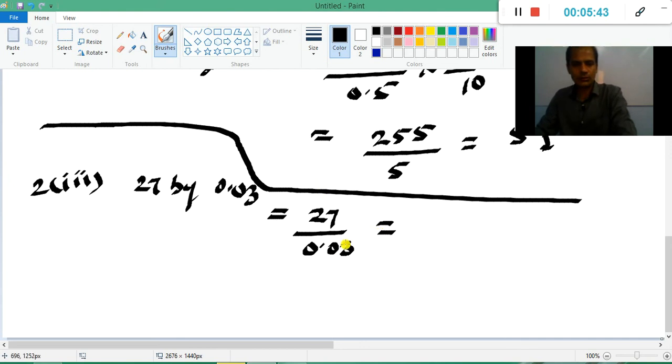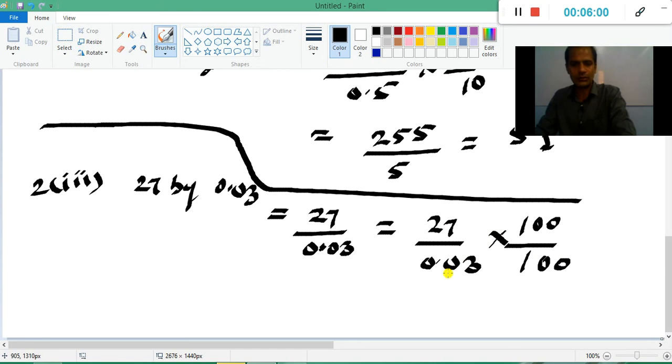So according to the denominator, there are 2 digits to the right of the decimal. So we will multiply 27 upon 0.03 by 100 upon 100, because the denominator has 2 digits after the decimal. Finally it is 2700 upon 3. If you multiply 0.03 by 100 you get 3, and easily we can divide this number by 3.